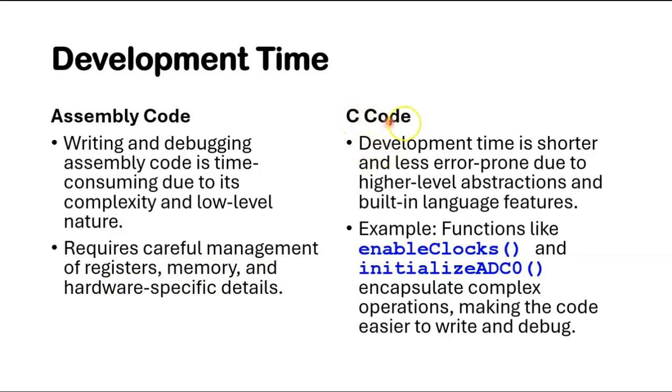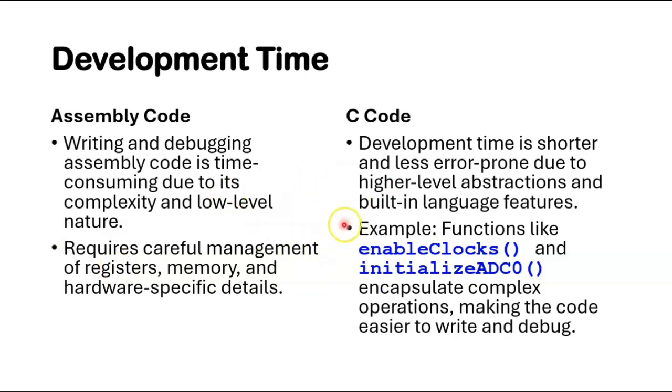Now, for C code, development time is generally shorter and less error prone due to the high-level abstractions and built-in language features. For example, in our two programs that I've shown earlier, functions like enable clocks and initialize ADC0 encapsulate complex operations, making the code easier to write and debug.